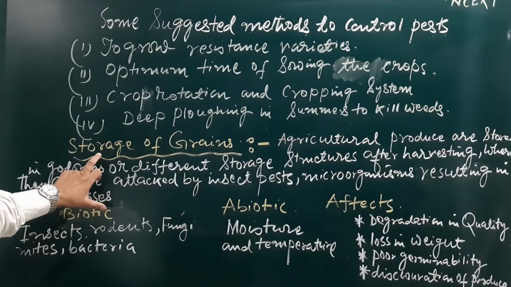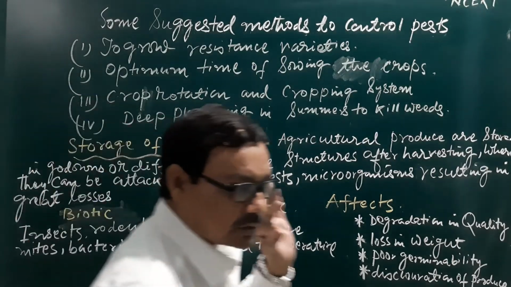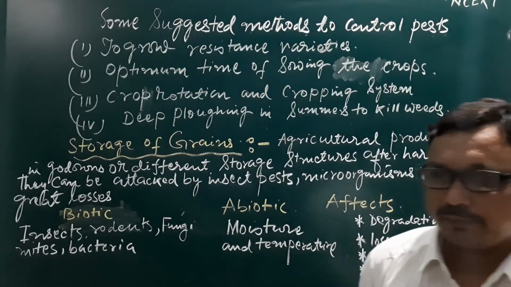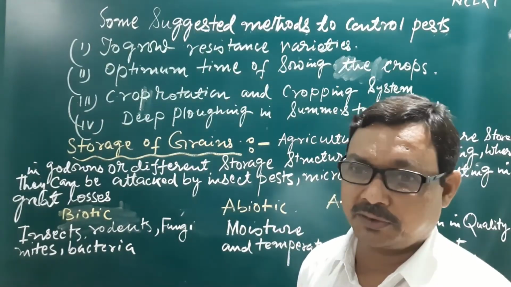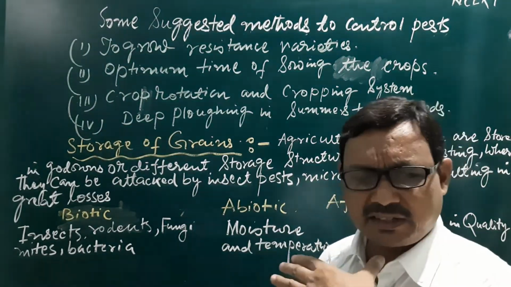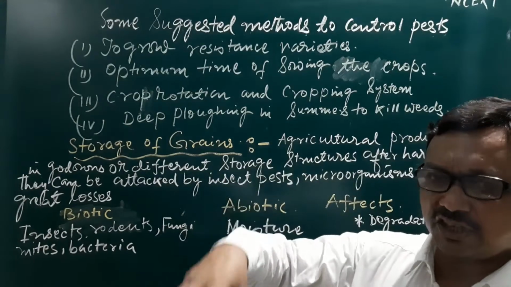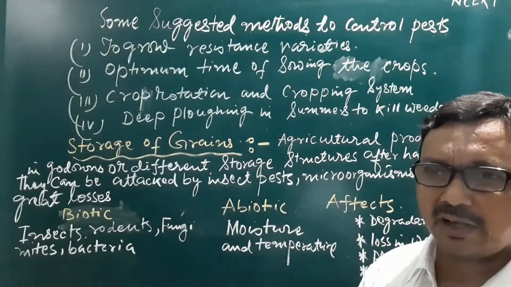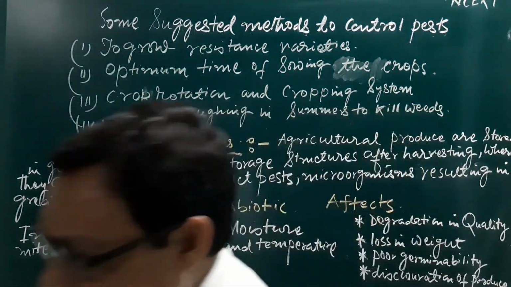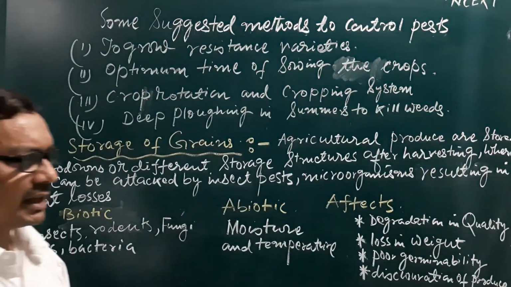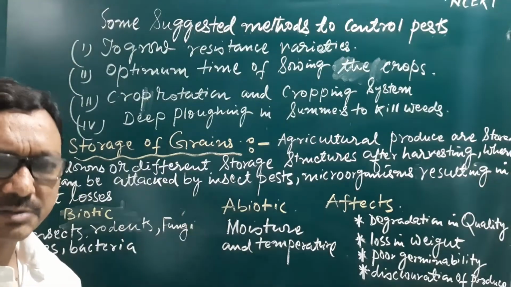Now, the storage of grains. Dear students, a farmer, an agriculturist, is consistently focusing on their growing crops from sowing time to harvesting time. That starts just after the selection of the seed, then the cultivating fields and nutrient management.